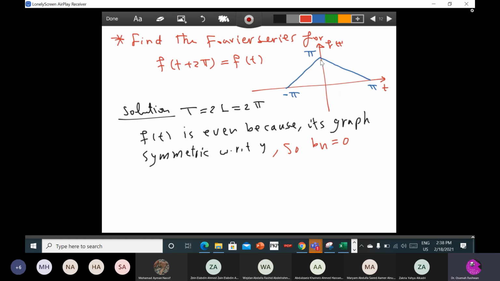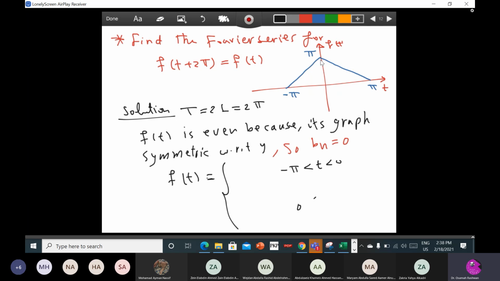And we calculate A naught and An. But I don't have a function to integrate. I have the graph of the function. So f of t equal to what? Yes, between minus pi and 0, I have a line.